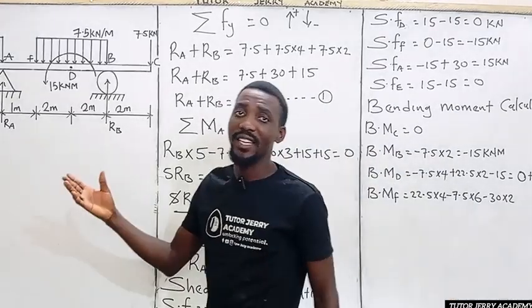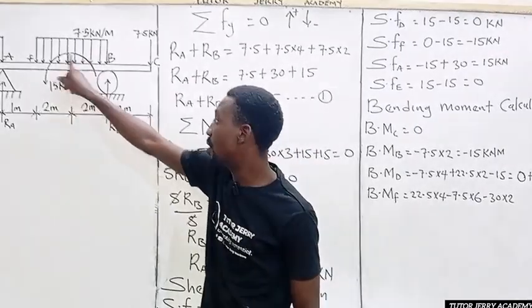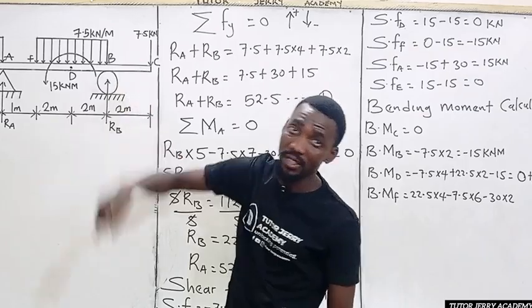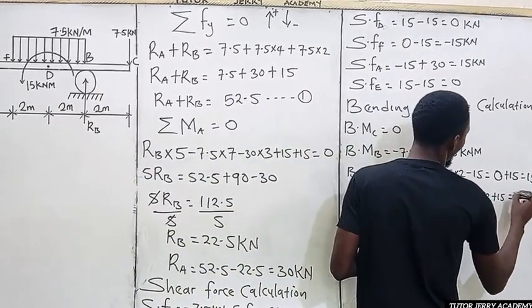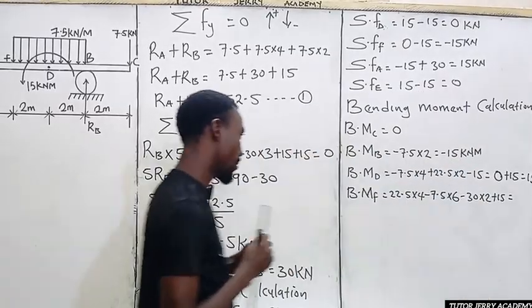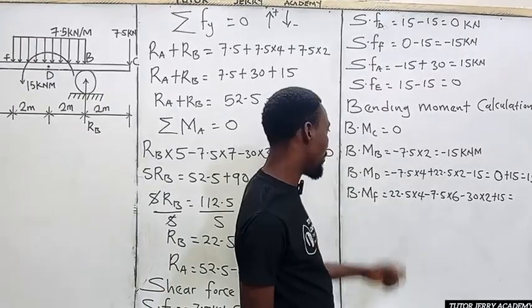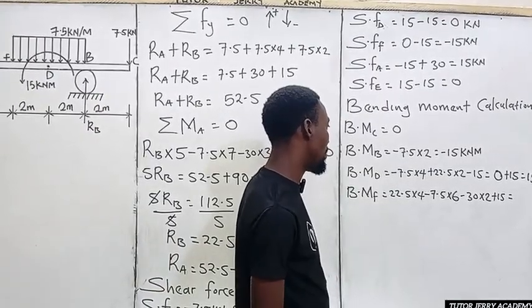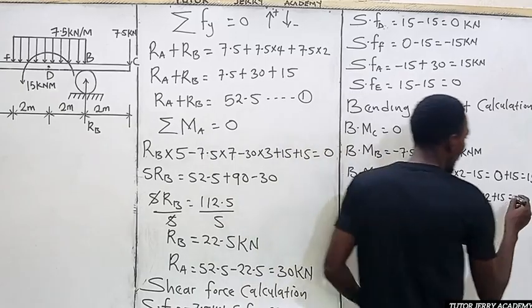And also don't forget now, we have a moment here. This one too is also a moment, which is going to be positive. So it's going to be plus 15. So this will be equals to, carefully, you are going to get nothing but 0. Yes. So you are going to get nothing but 0.